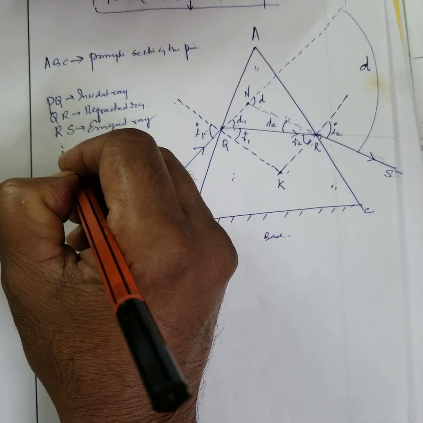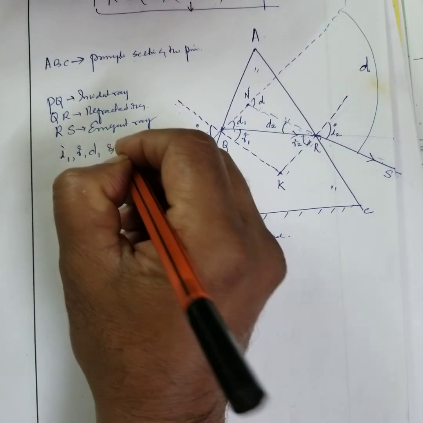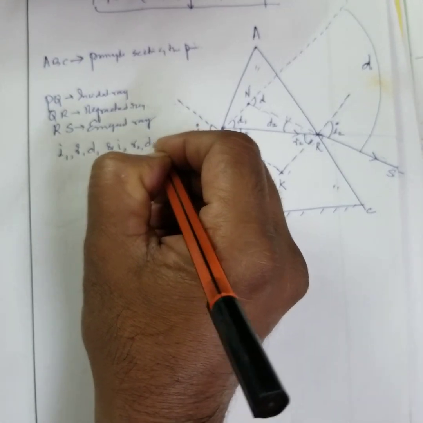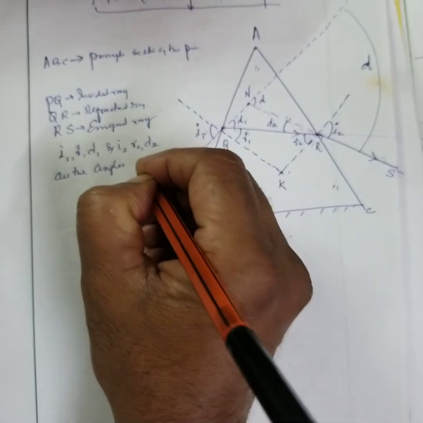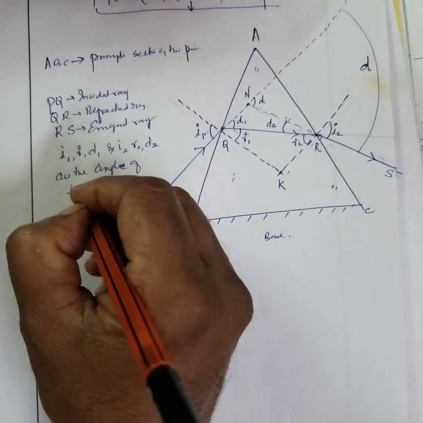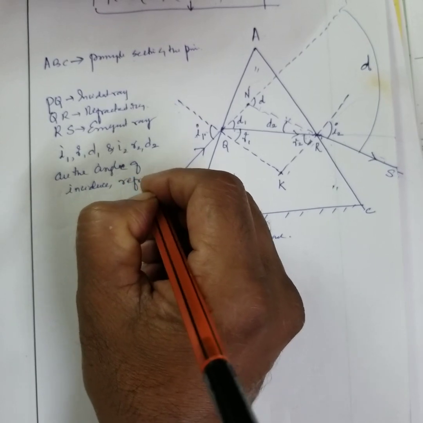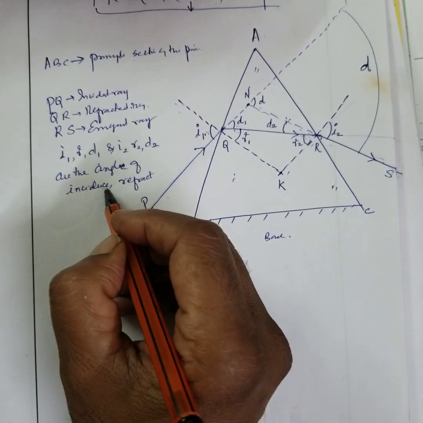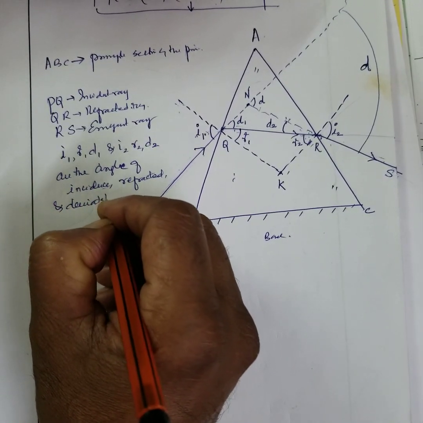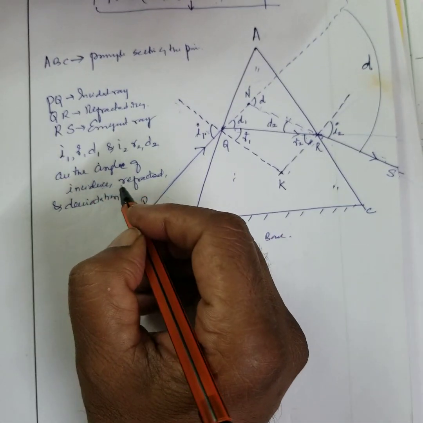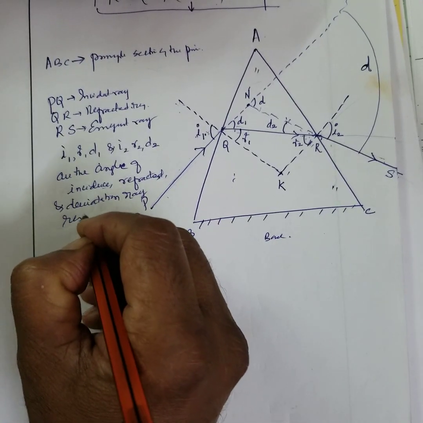Then I1, R1, D1 and I2, R2, D2 are the angles of incidence, refraction and deviation for the incident, refracted and emergent rays respectively.